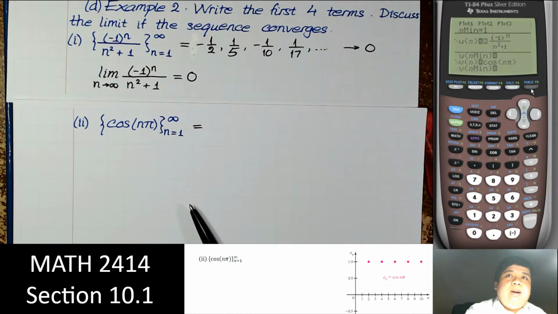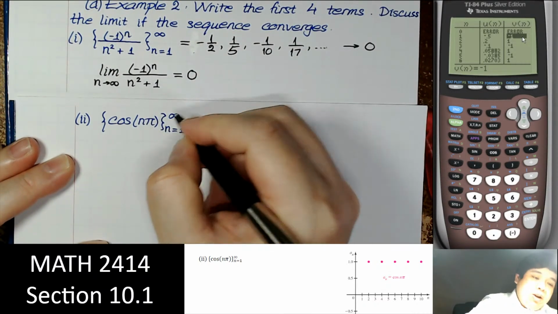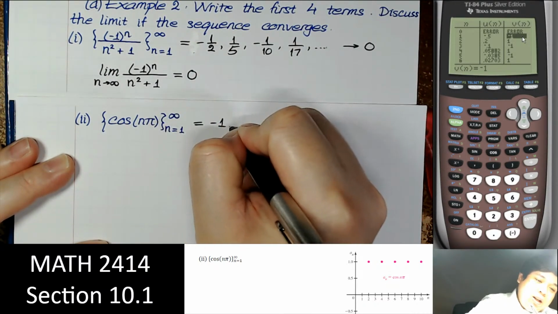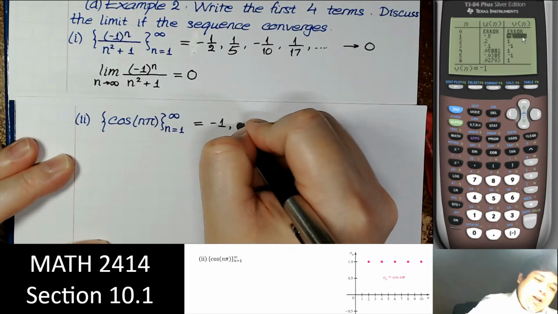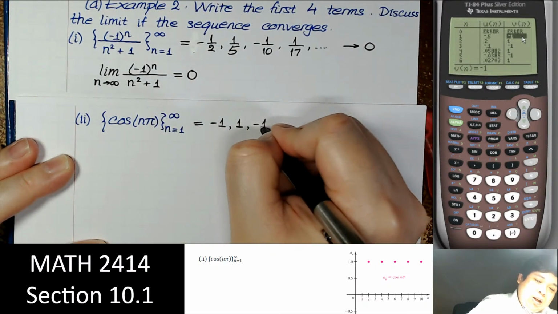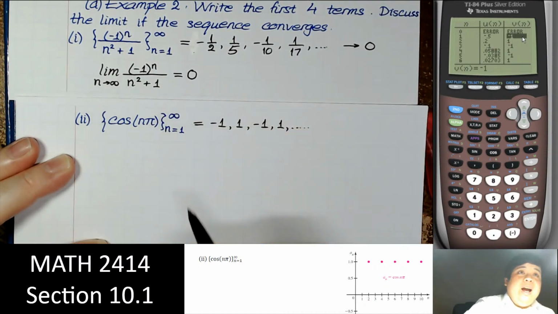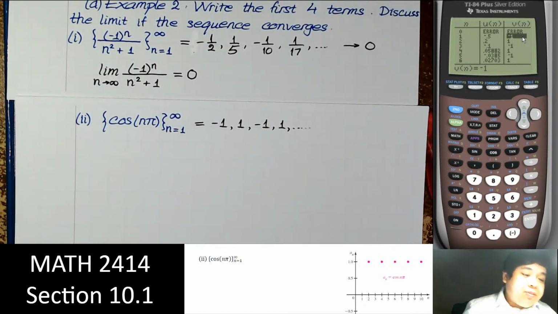Hit graph, in particular second graph, to get the table. And in this sequence we have -1 for the first term, because cosine of pi is -1, and cosine of 2 pi is 1, cosine of 3 pi is -1 and 1, and then alternating like that.